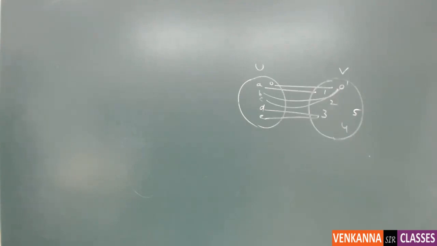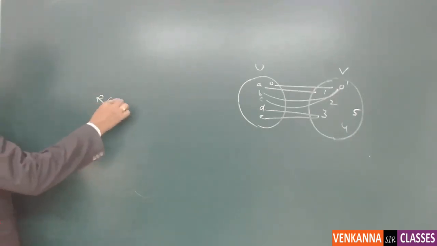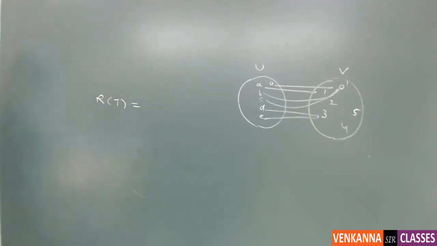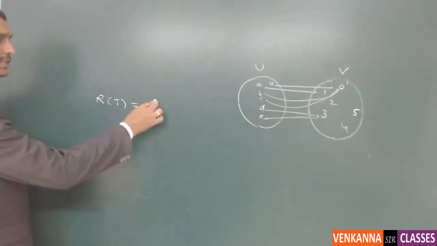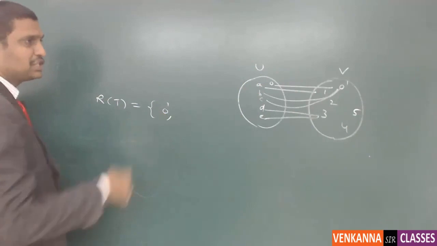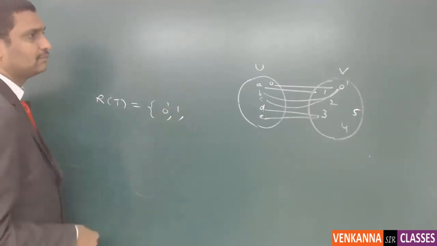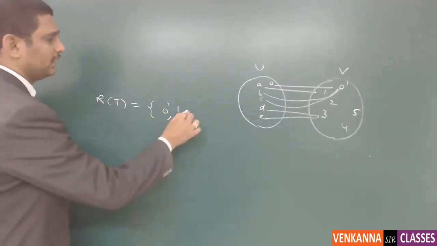This is my pairing. So, if I want to know what is R of T, you are going to consider all images for this set. So it is nothing but 0 dash, 1, and 3.